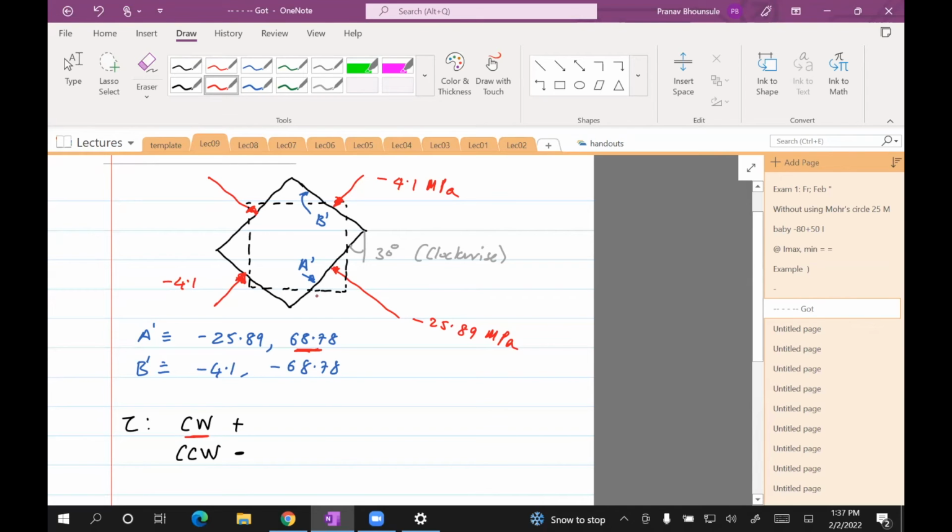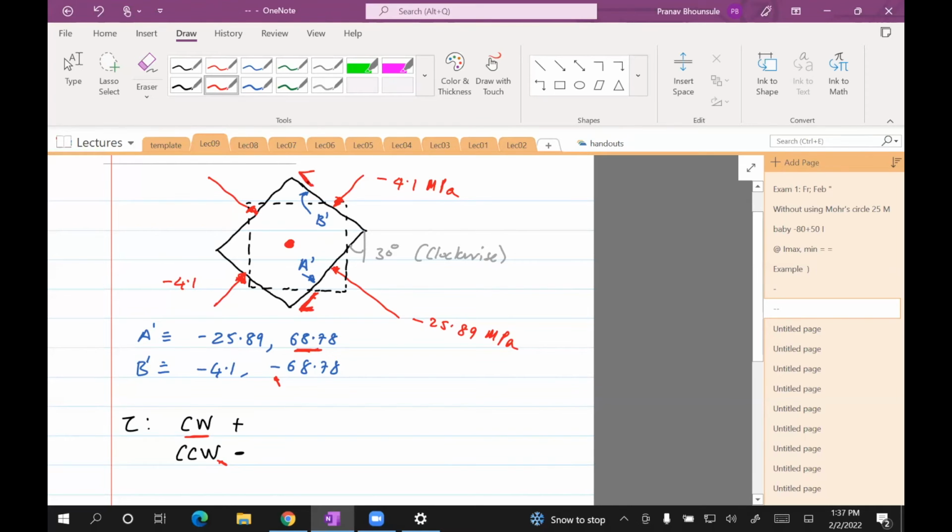So imagine what would happen if this stress was acting and it was free to rotate about the center point, it would turn clockwise. That's why it's clockwise stress. On face B, there's a negative sign, which means it's counterclockwise. Face B would be counterclockwise.